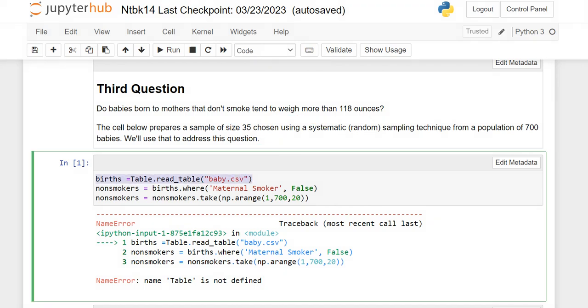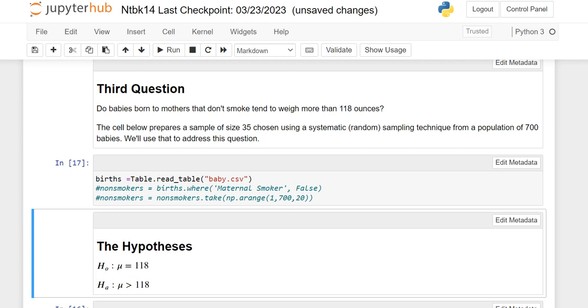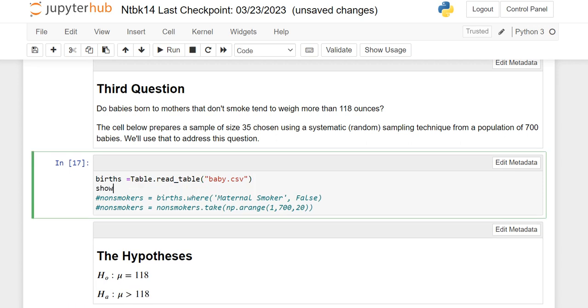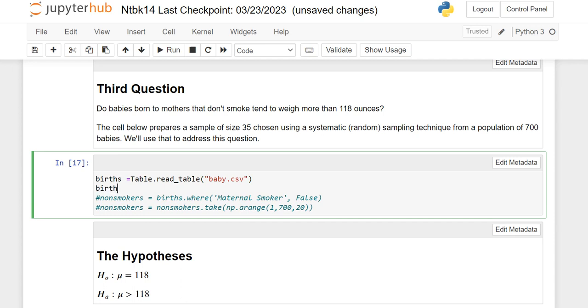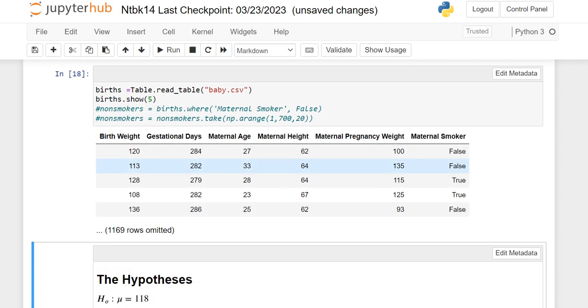Okay, so notice that we're using a different table, and then non-smokers, right? We've seen this before, but let me comment those out and you can see. Let me do births.show. You don't have to do this. I'm just going to show you what the table looks like. Let me do show 5. All right. So we have all these values for each of these babies born.